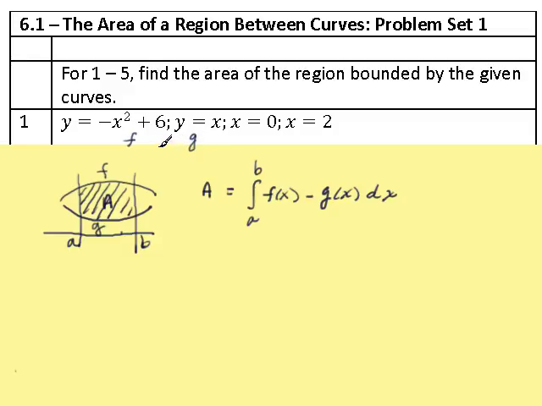We can substitute in a value in between 0 and 2, like 1, for example. If we substitute in 1, here we get 5, and here we get 1, so we can see this one's on top.